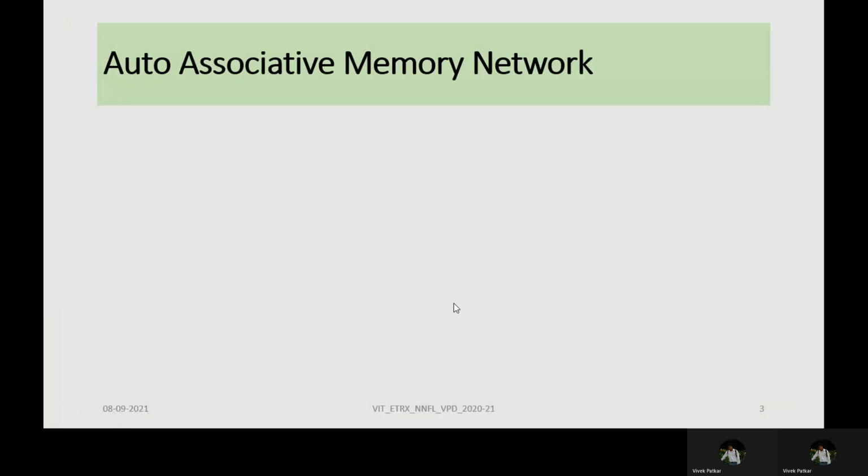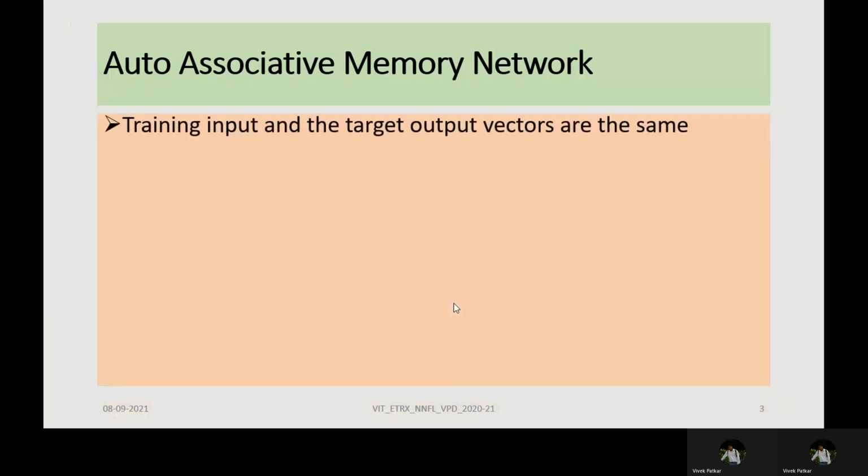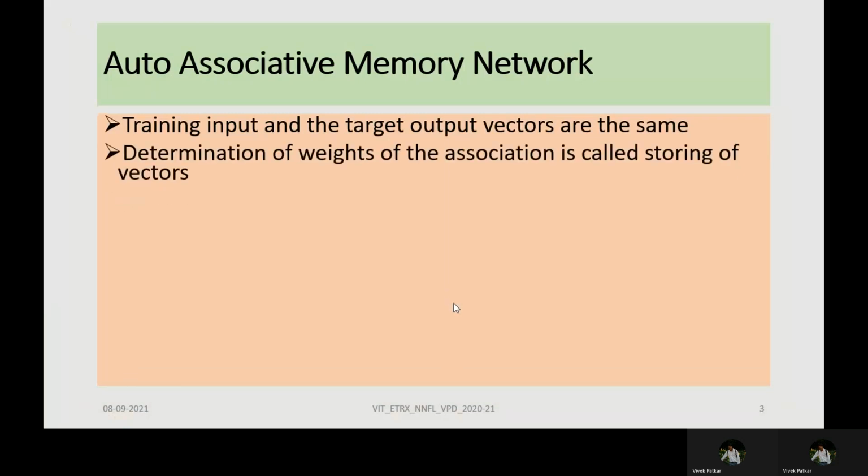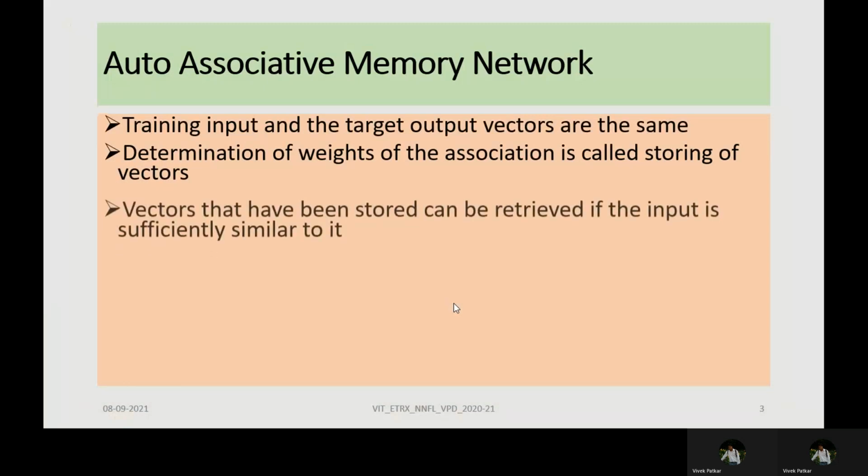Moving to the first type of associative memory, auto-associative memory. As I told you, the training and target vectors are similar in nature. The determination of weights of the association is called storing of vectors.